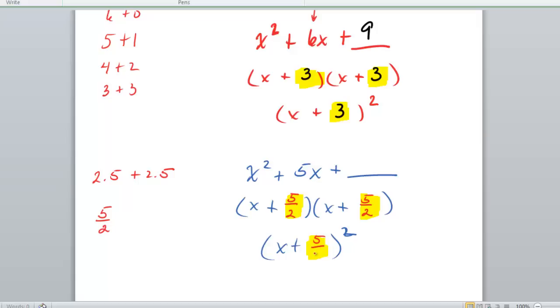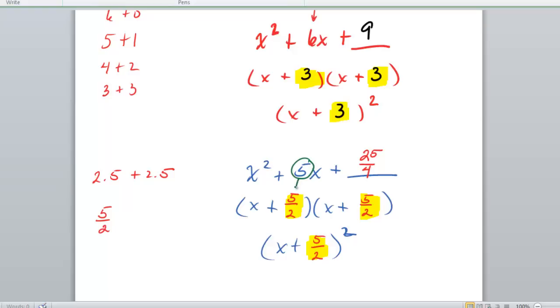Now, if we need to know what number we're going to add to make this a perfect square trinomial, it's 5 halves times 5 halves, which is going to give us 25 over 4. And I know this can look a little funny, but x squared plus 5x plus 25 over 4 actually is a perfect square trinomial.